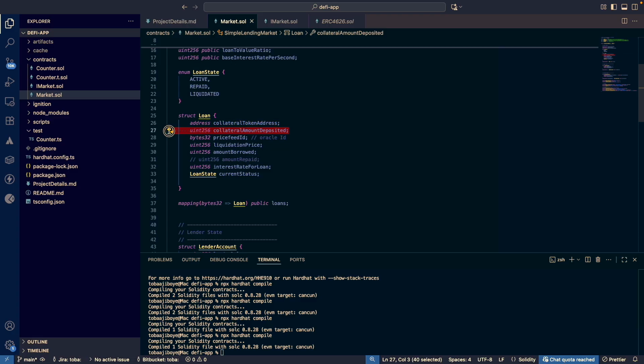So when the loan gets liquidated, this is the amount that gets sold off. When the loan gets repaid, this is the amount that gets restored. This is the price feed ID. This is what we'll be using to estimate if the loan is viable or not.